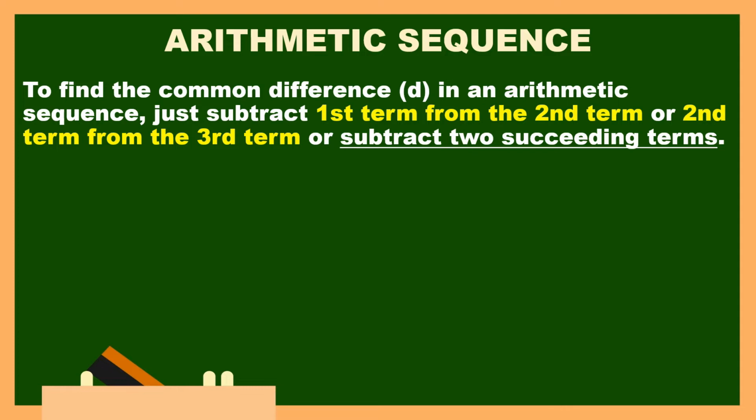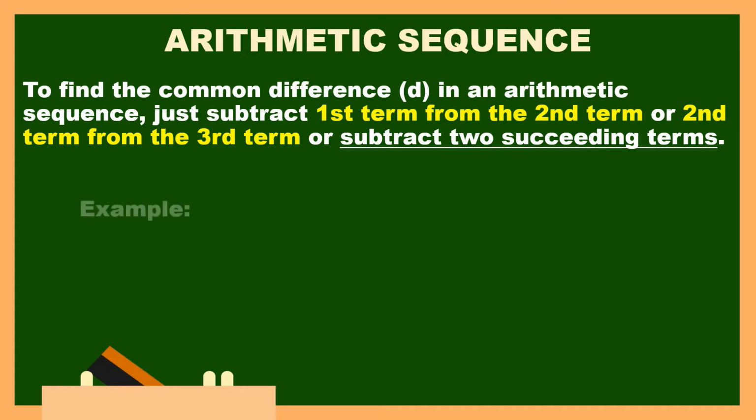Para po makuha ang common difference ng arithmetic sequence, iso-subtract po natin ang first term mula sa second term. O kaya naman, isubtract ang second term mula sa third term. At pwede ding isubtract ang dalawang magkasunod na terms.